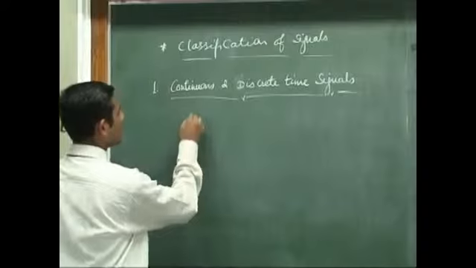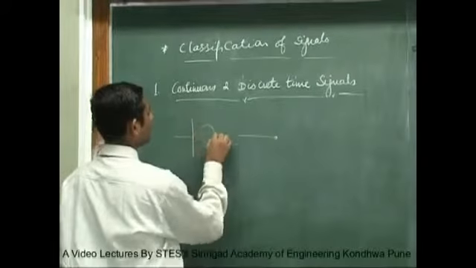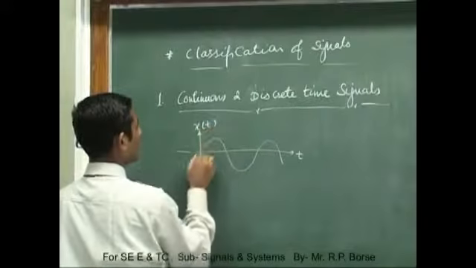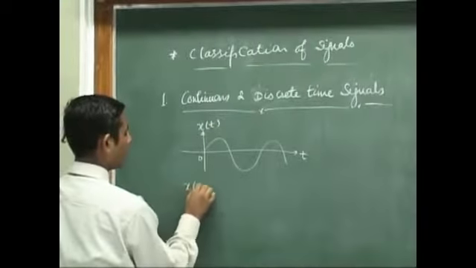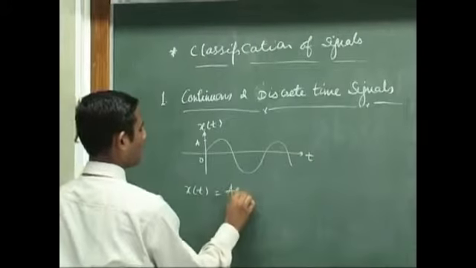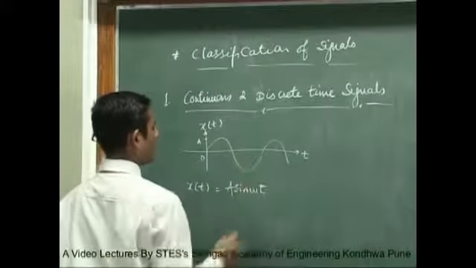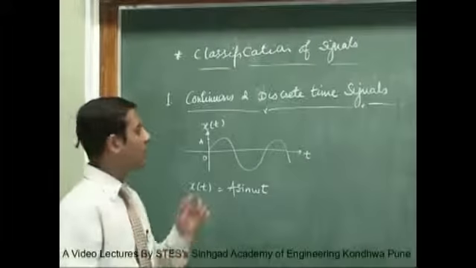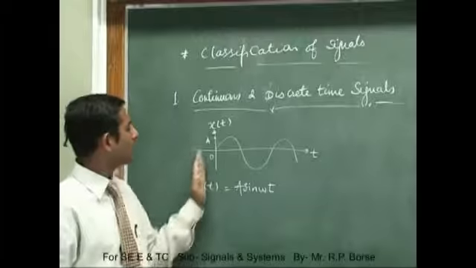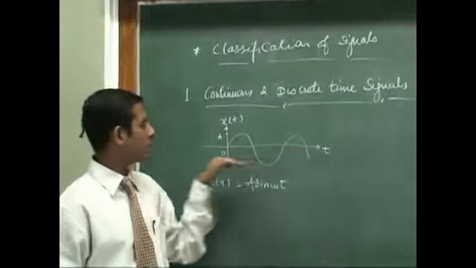When I say continuous time signal and if I draw it, okay. So if you look, A is the maximum amplitude of the sinusoidal signal. This is the amplitude axis, this is the time axis, this is the origin.